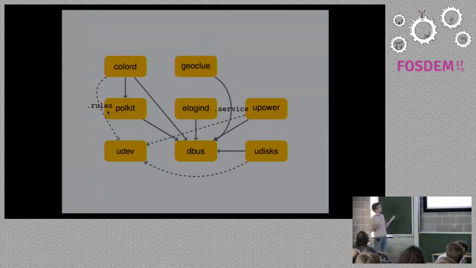So we have this, I would call it the system extension graph. So we have colord providing .rules files, geoclue providing .service files, and so on and so forth. And we want to be able to model that graph. Really, that's what we want to be able to do in GuixSD.